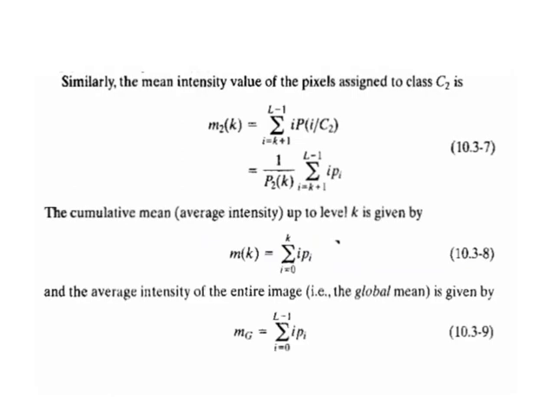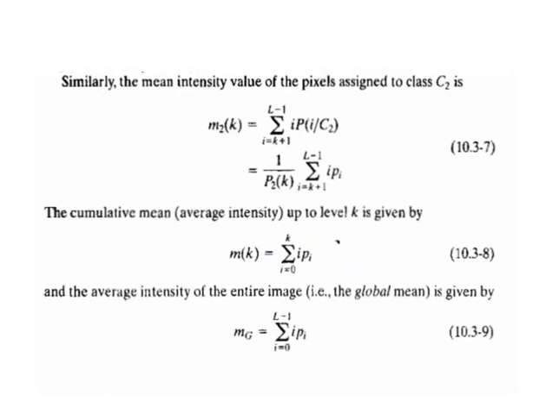Also, P(i) is the probability of the ith value, which is simply the ith component of the histogram. Finally, P(C1) is the probability of class C1, which we know from the earlier equation is equal to P1(k).